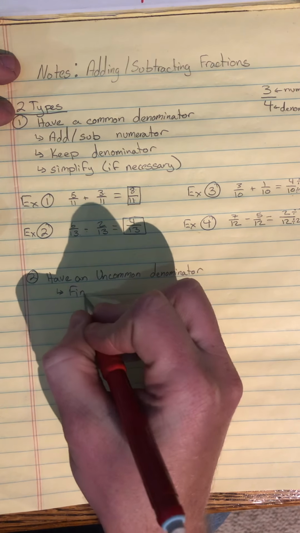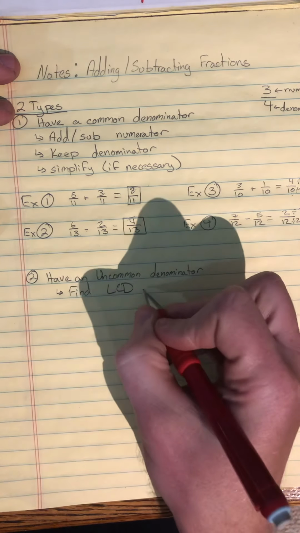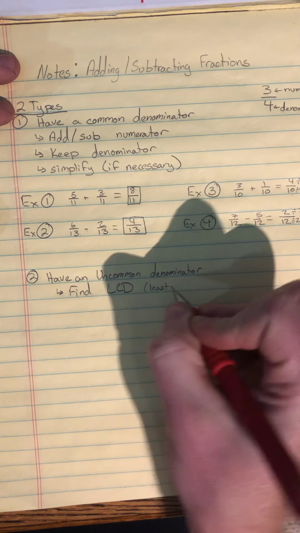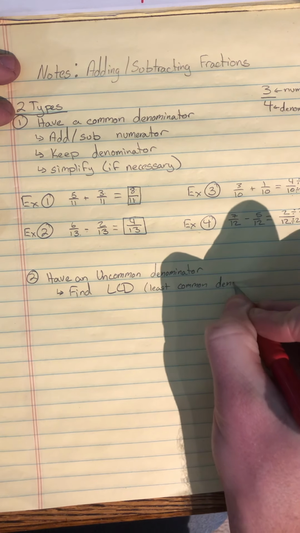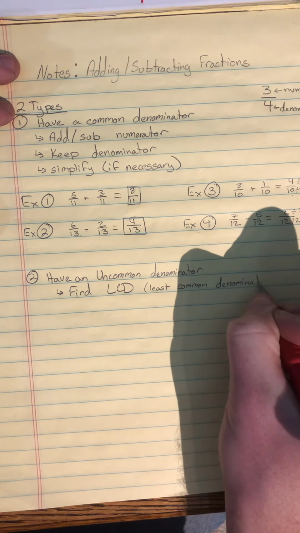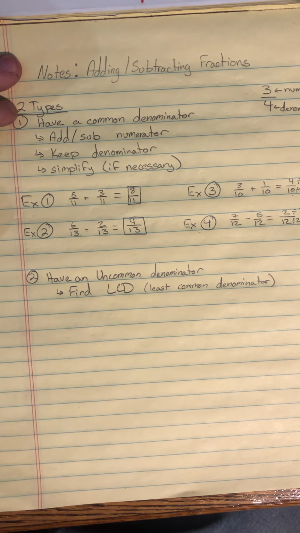So if they don't have a common denominator, you must find the LCD. LCD stands for least common denominator. Sometimes if you just want to find a common denominator, that is perfectly fine, but ideally you want the least common denominator.